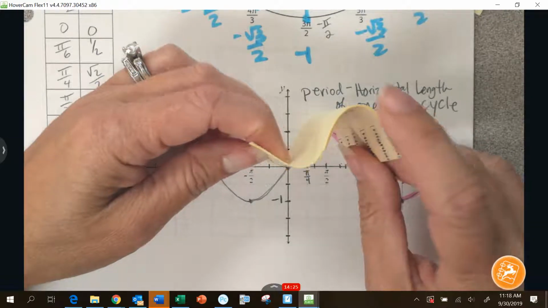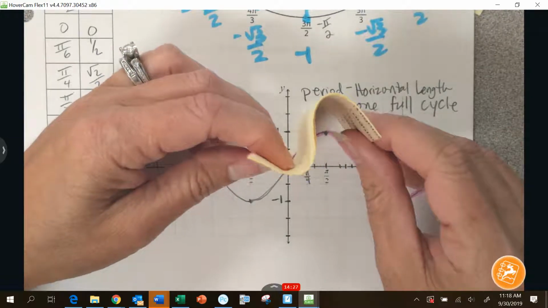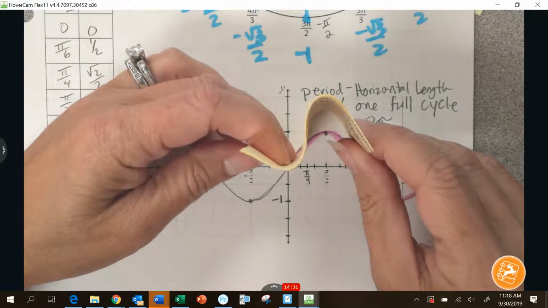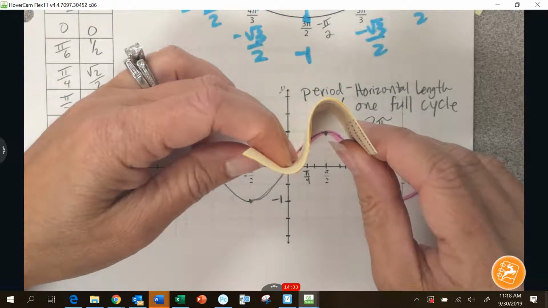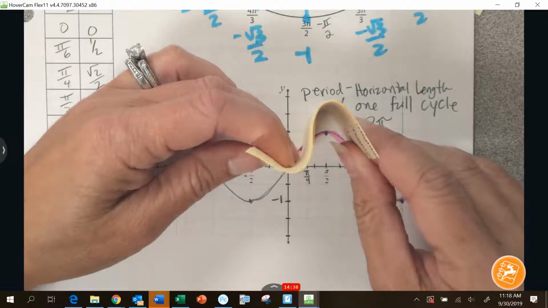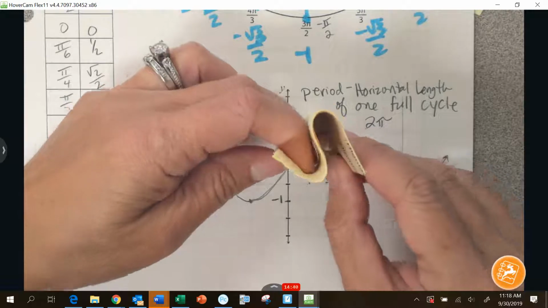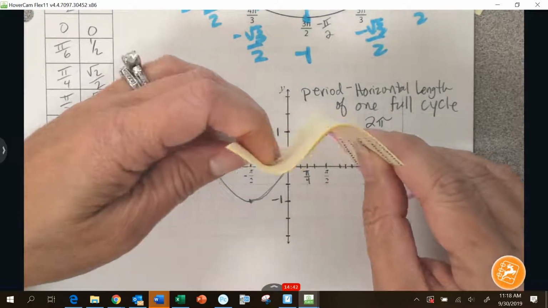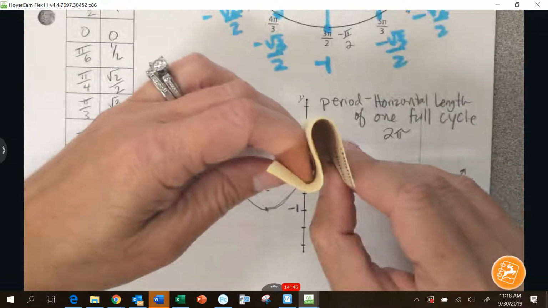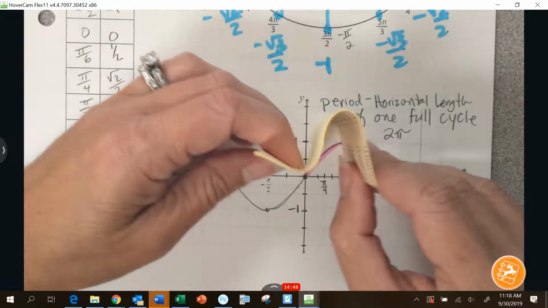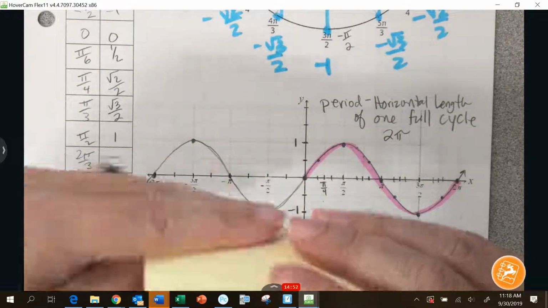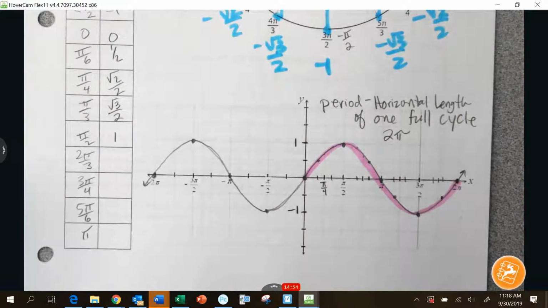A vertical stretch would make it higher and lower, but it's not going to change the period. How could I stretch it that would make this period, which is horizontal, watch, horizontal shrink, horizontal stretch, do you see how it's getting longer or skinnier? That's what's going to change the period. Oh, we're talking about transformation still, huh? Yeah. Okay.